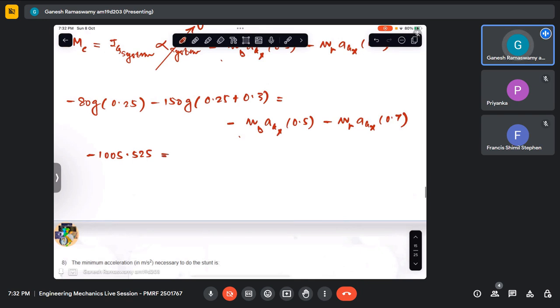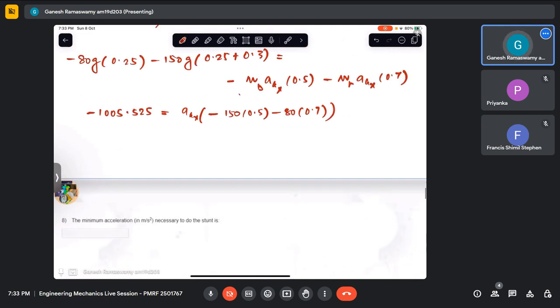On the right side, what is this? AGX into MB is 80 into 0.5 minus 1. Sorry, MB is the bike, right? So this is 150 into 0.5 minus 80 into 0.7.